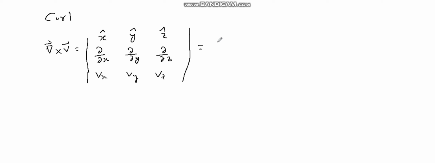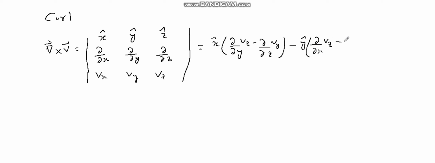So the final form would look like this: x cap del y Vz minus del z Vy, plus, this is minus, y cap, del x Vz minus del z Vx, plus z cap, del x Vy minus del y Vx.